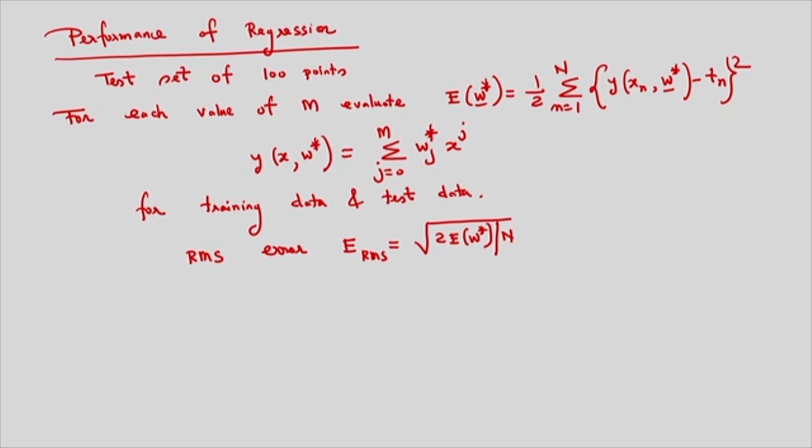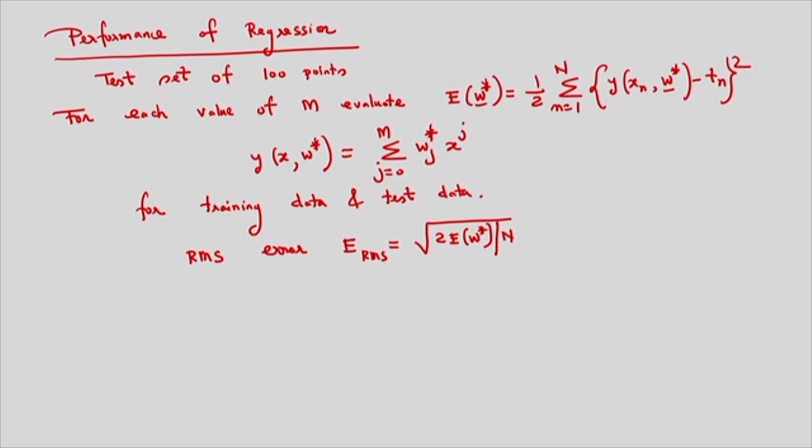I am repeating this because it is nothing but the normalization. The square root ensures that E_RMS is measured in the same units as t. That is why we are taking the square root. So this is the RMS error we are determining.